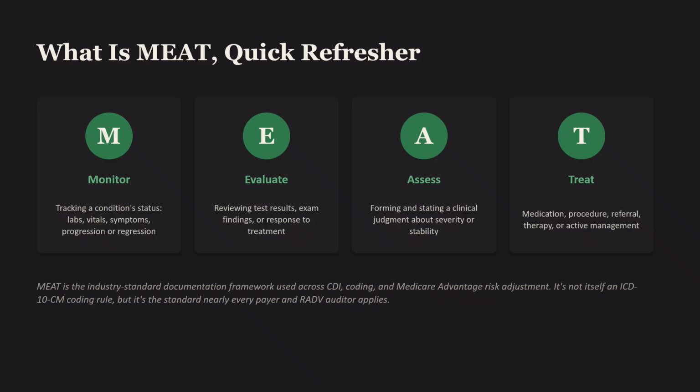It is the standard that nearly every Medicare Advantage plan and every RADV auditor applies when they're deciding whether a diagnosis on a claim is actually supported. So even though it's not official in a regulatory sense, treat it as if your reimbursement depends on it, because it does. It's just the bones, the framework of how to document.